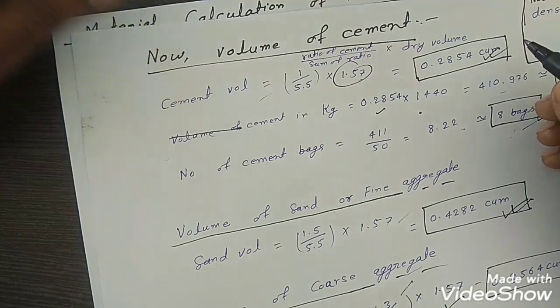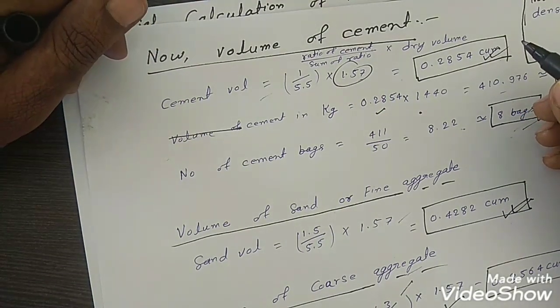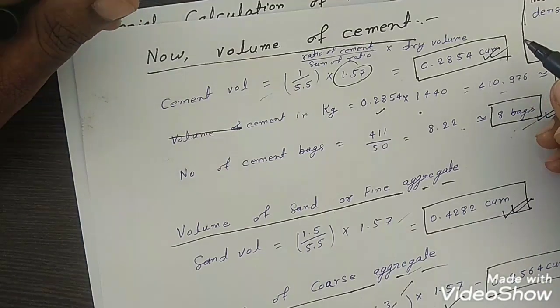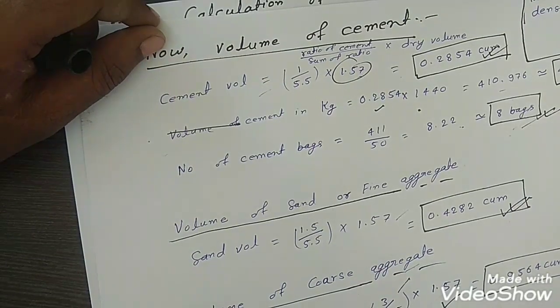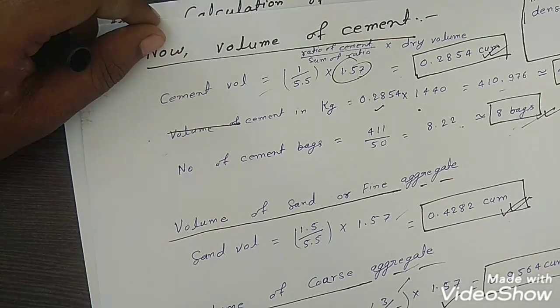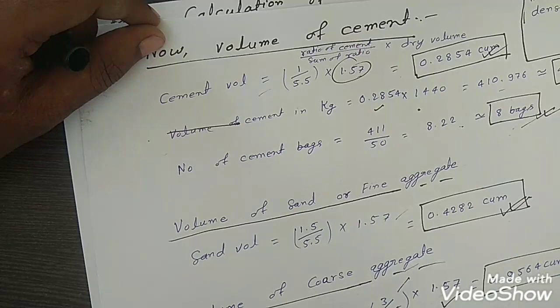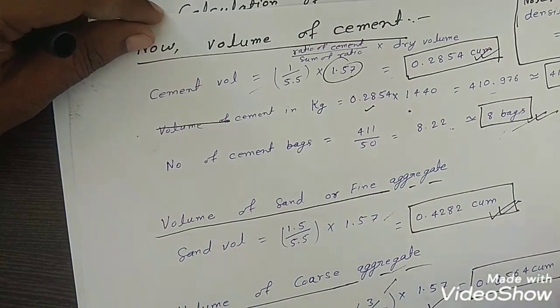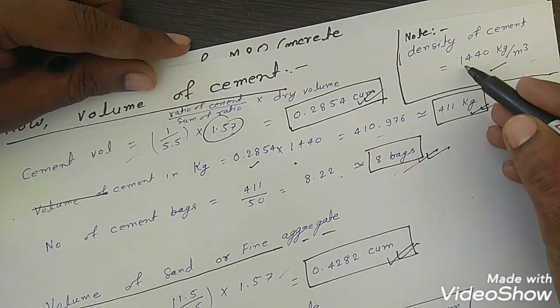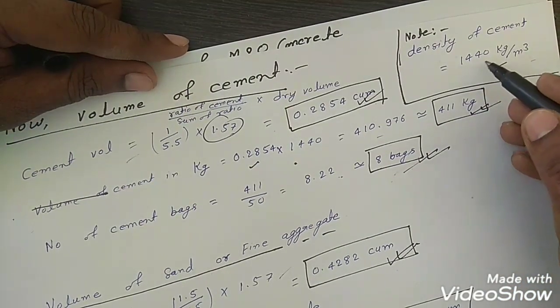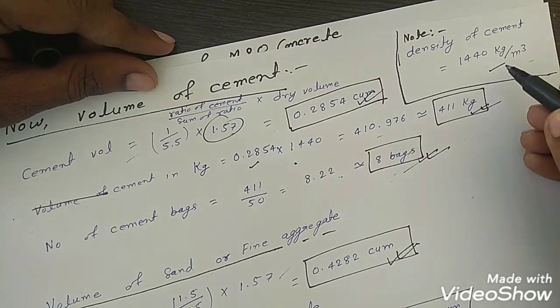But in the market cement is available in kgs. So for finding how many kgs, we need the dry density of cement. So the dry density of cement is 1440 kg per meter cube.